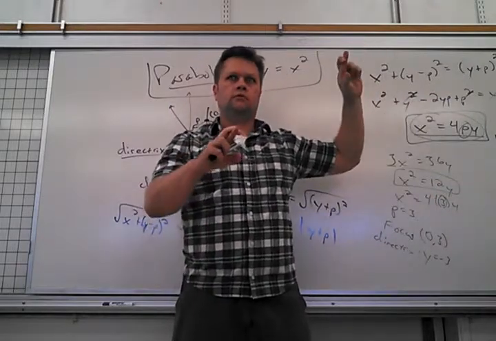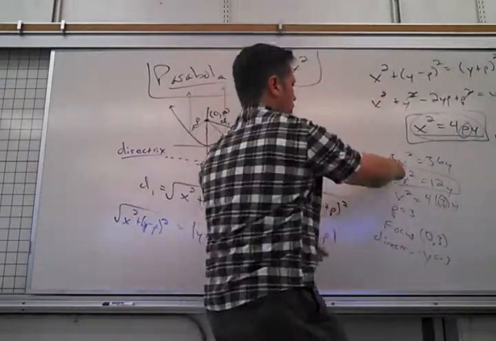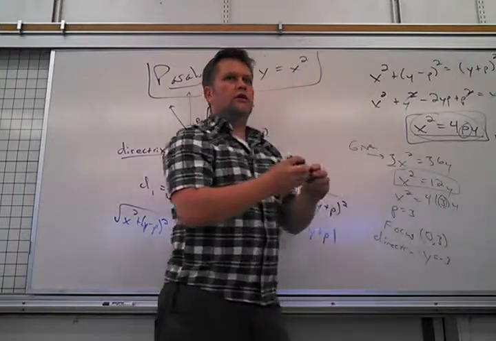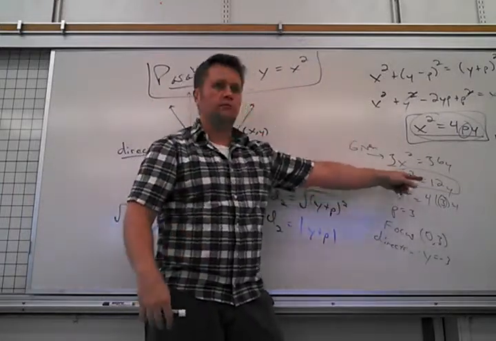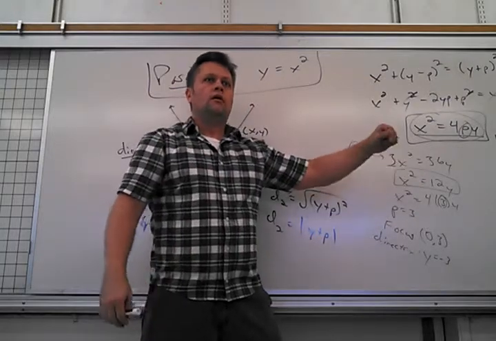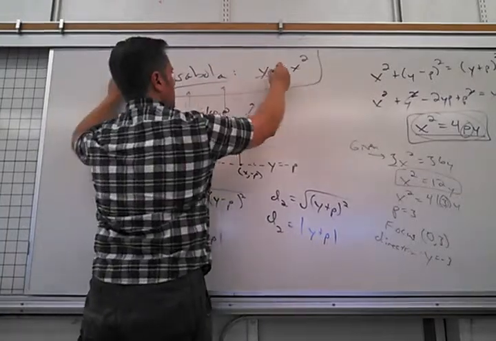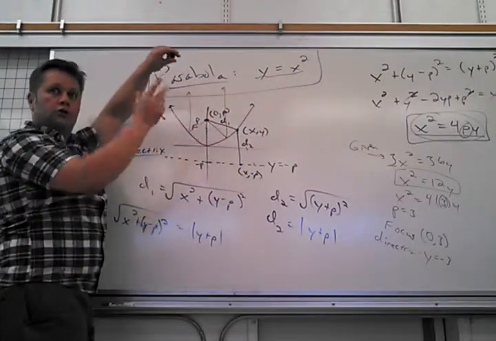Where'd you get x squared equals 12y? Oh, just divide. I was given that equation, then I divided by 3. Is that where we started from? No, so I started with, you guys know what a parabola is. We went into the definition of what a parabola should be.